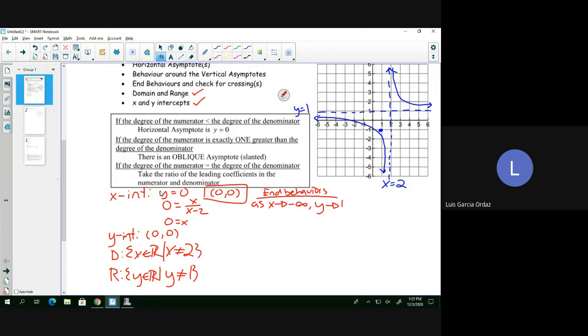Okay, and because we have this horizontal asymptote, as x approaches negative infinity, y approaches 1 from below, because it's coming from below that horizontal asymptote. And as x approaches positive infinity, y approaches what number? So 1, and from below or above? From above.